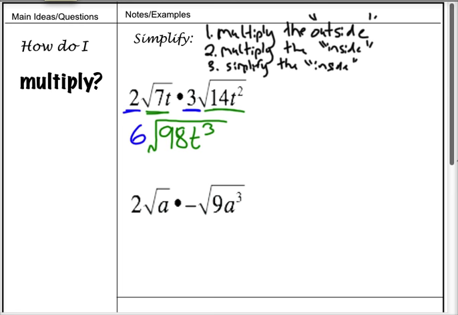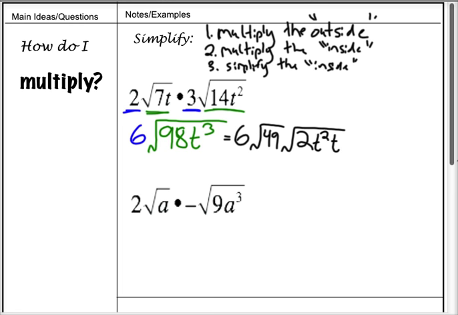Now, the third step, what's left is simplifying what is on the inside. So to simplify this, we have to see what perfect square pulls out of 98. Well, hopefully you can see that it is going to be 49. 98 is 49 times 2. t cubed is going to be t squared and t.